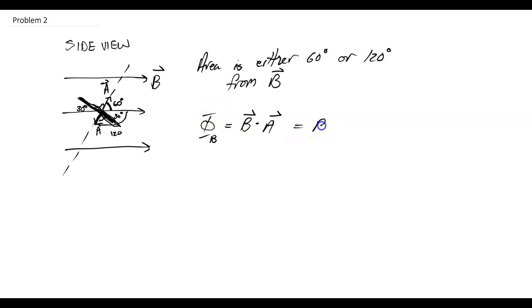which means this is the magnetic field times the area times the cosine of the angle between them.